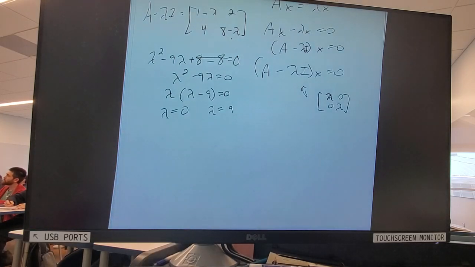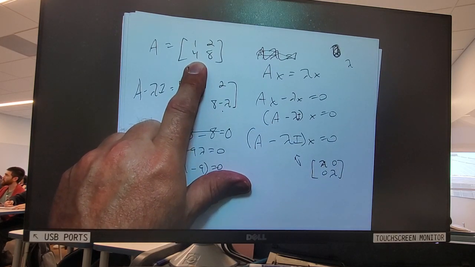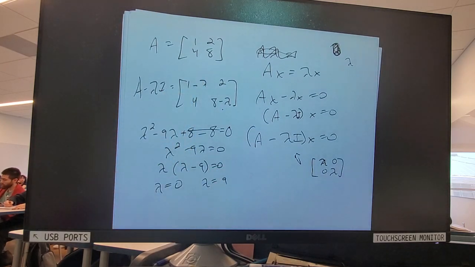Now, real quick, did anyone notice something about this matrix from the beginning? There's something about this matrix. The columns are dependent, which means the determinant of A itself would be 0, which means not invertible, right?